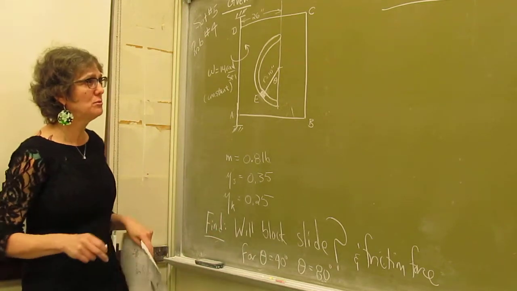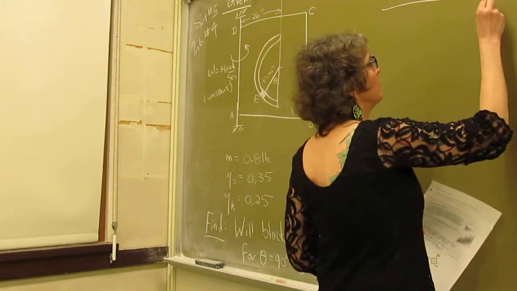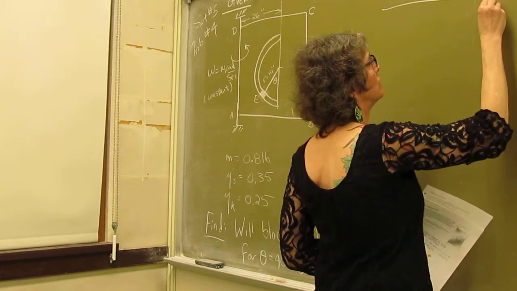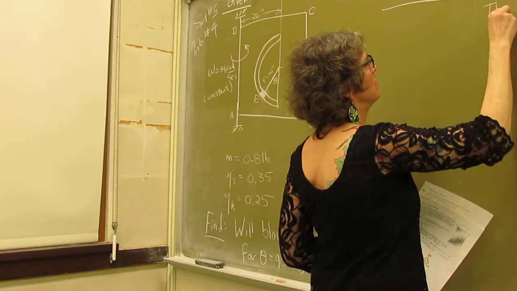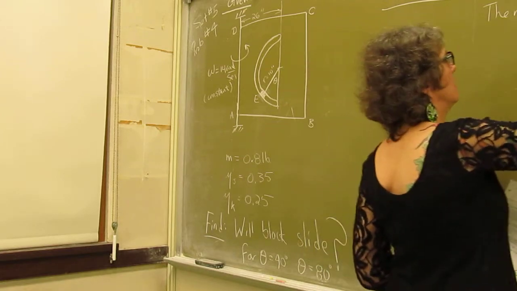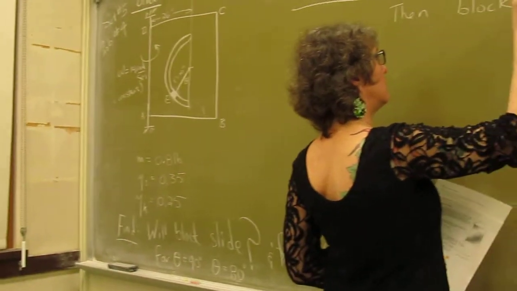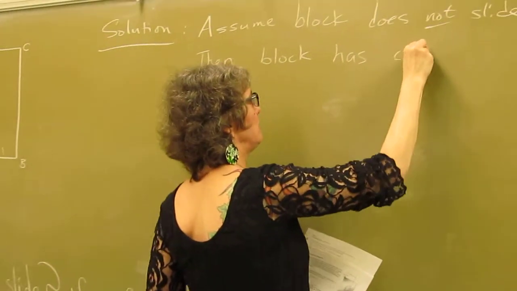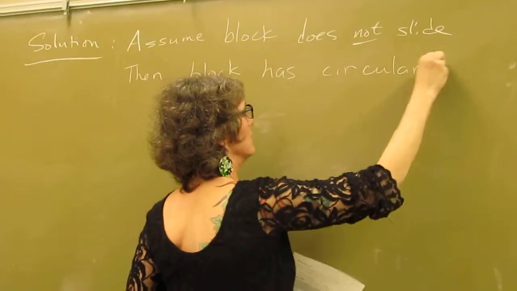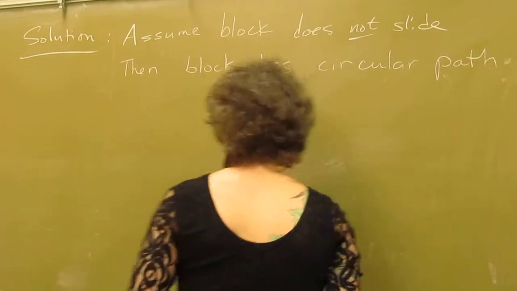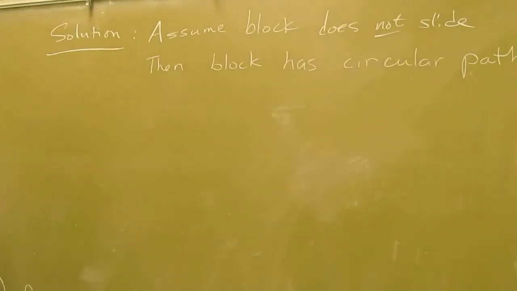All right, so let's assume the block does not slide. So then the block has circular path. And let's draw the free body diagram.